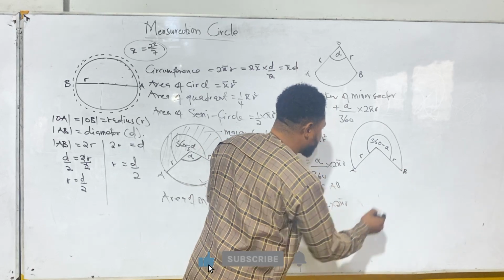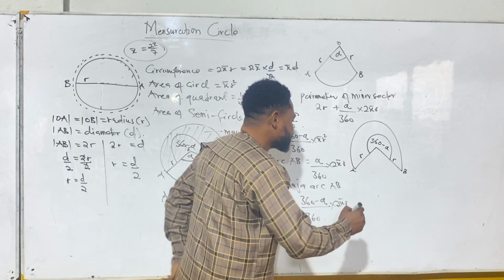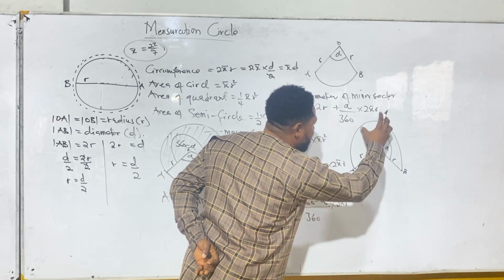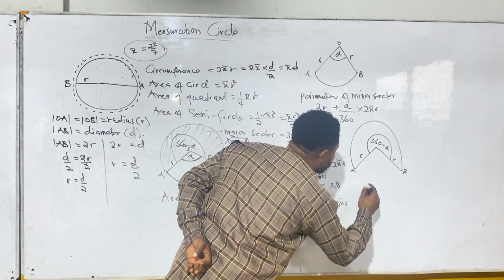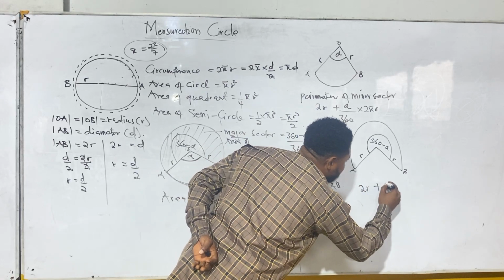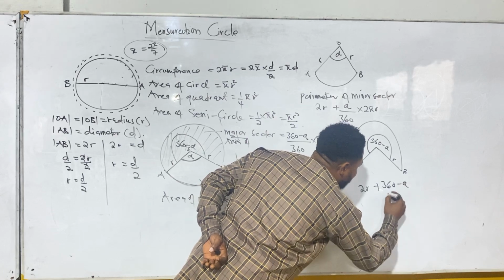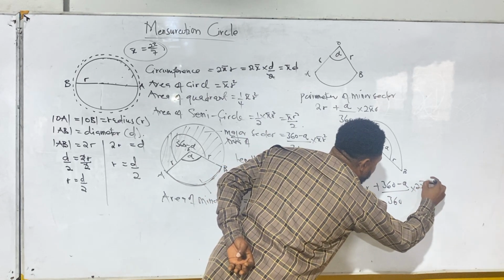Let's say A is here, B is here, so from this side up to this side to this side. The formula for the perimeter of the major sector is 2 times r plus (360 minus alpha) over 360 times 2 pi r.